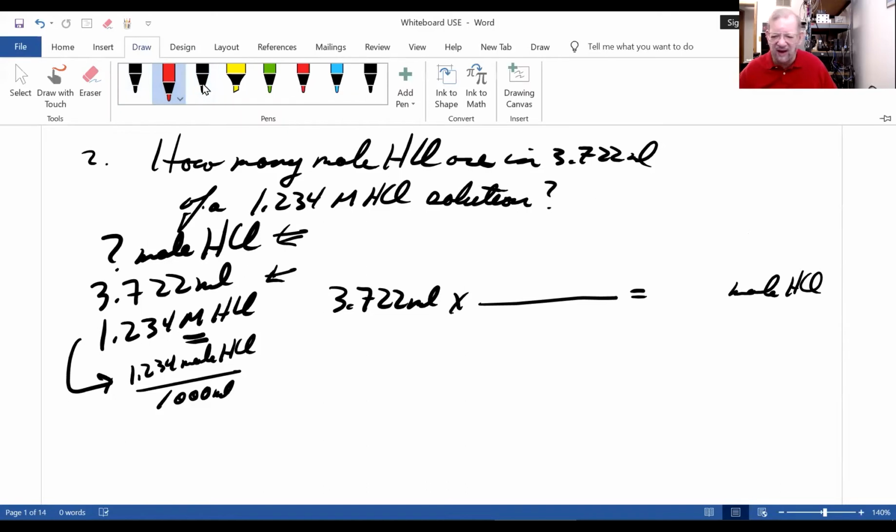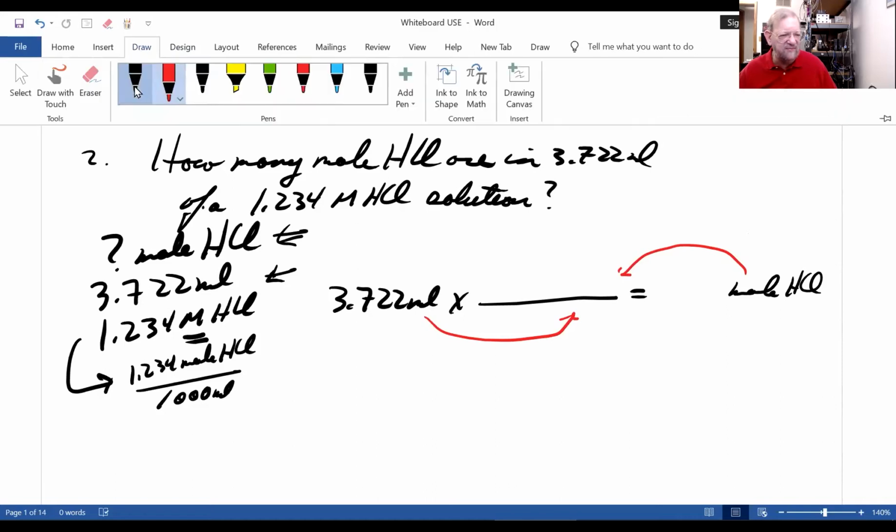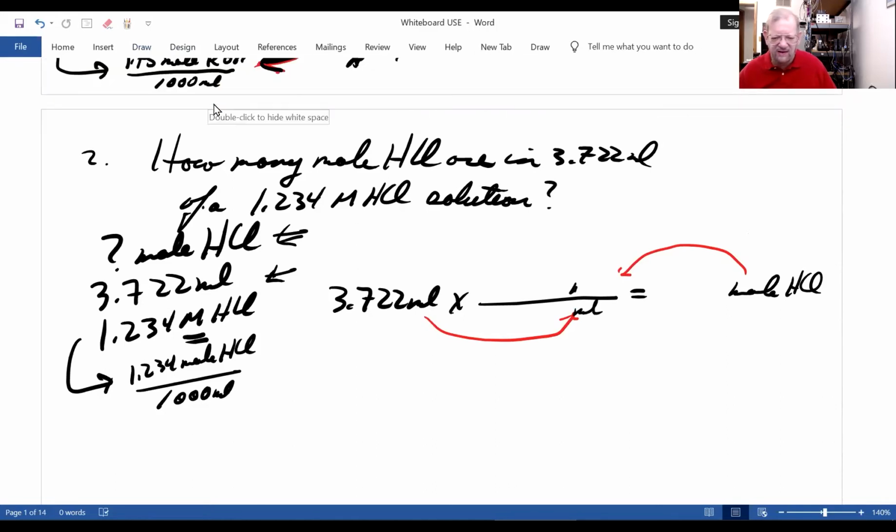And now, using unit analysis, whatever I'm trying to get to goes on top of the ratio. Whatever I'm trying to get rid of goes underneath. And where do I get these numbers? From right here, because I knew this really meant this.